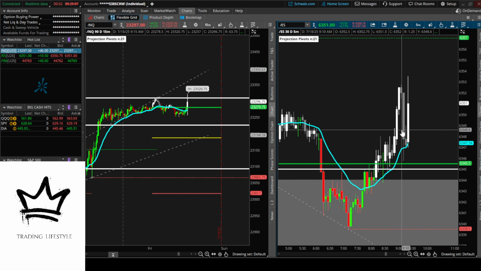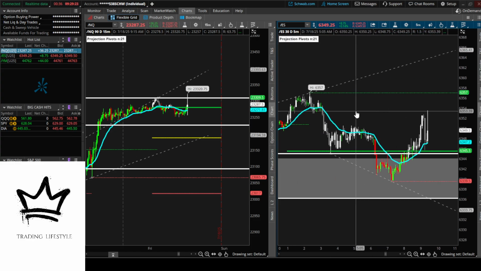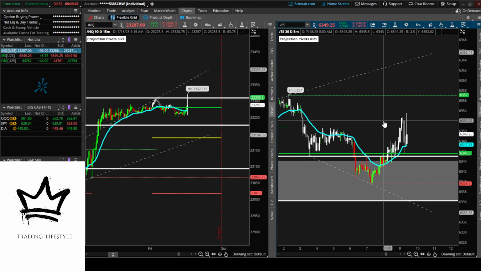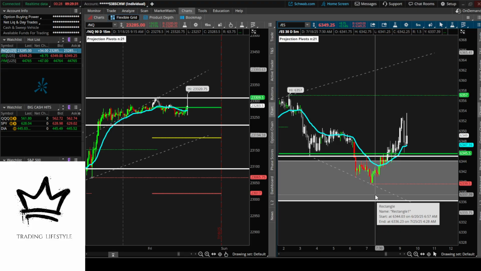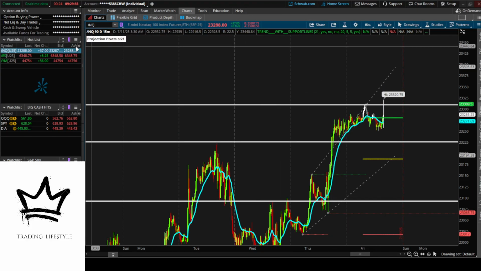Look at the wick on this candle here, and then the wick on that third candle. You see that little gap area there? That's not supposed to happen. When it does, it likes to fill that gap and then continue. You want to trade with the trend of the market. It's a lot of things happening, a lot of confirmation letting you know that this thing potentially wants to push higher.